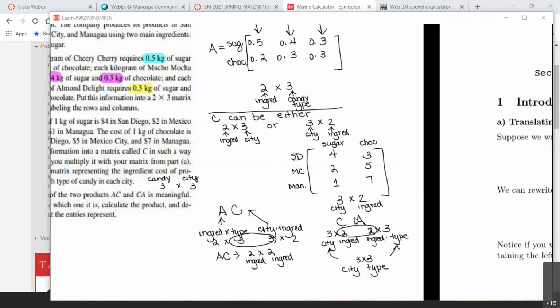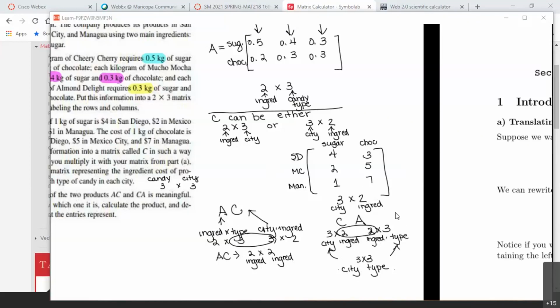Whereas multiplying them in the reverse order will tell me each row: first row is San Diego, second row is Mexico City, third row is Managua, and there'll be 3 columns. It'll tell me the cost of the cherry candy, the mocha candy, and the chocolate candy at each of my manufacturing plants.